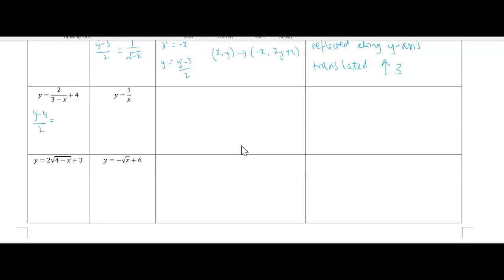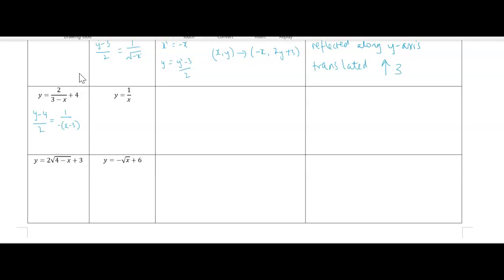You can do this in multiple steps. And then we're left with 1 over 3 minus x. Now, as I said before, it's probably a good idea to take that negative out. So I'm just going to erase that and take that negative out, and I'm going to be left with x minus 3.